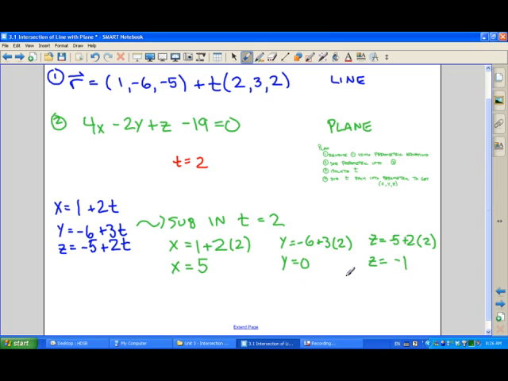Since all of these substitutions have given me one specific value, I can say that the point of intersection of the line with the plane is the point (5, 0, -1). If I wanted to double check, I could substitute this point back into the Cartesian equation to make sure that I end up with 0 on both sides.